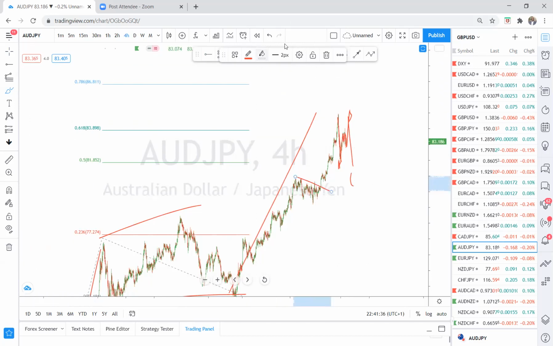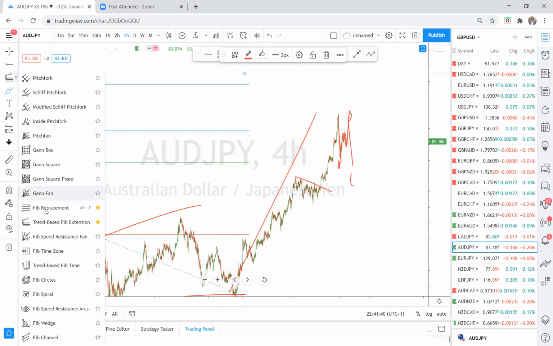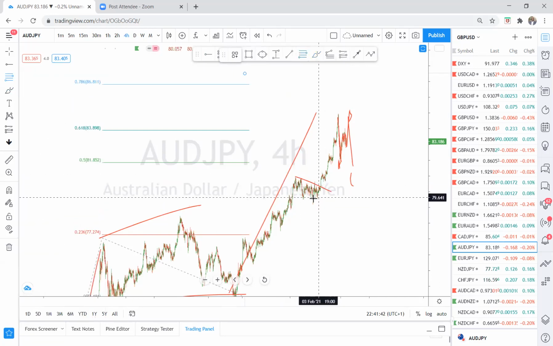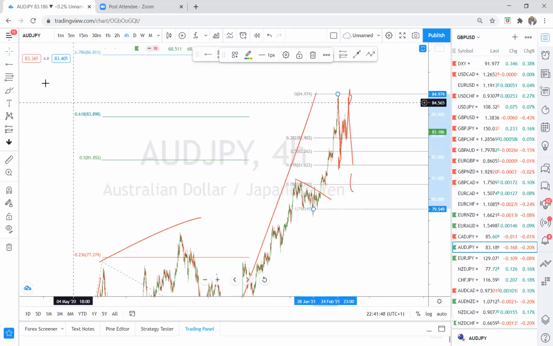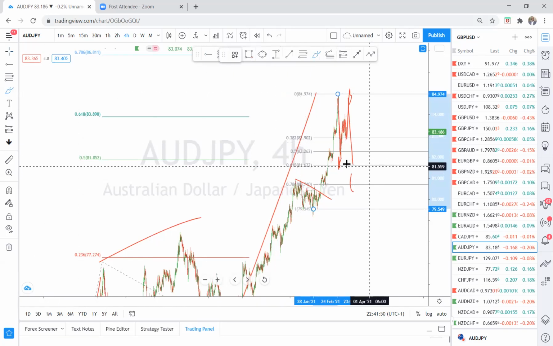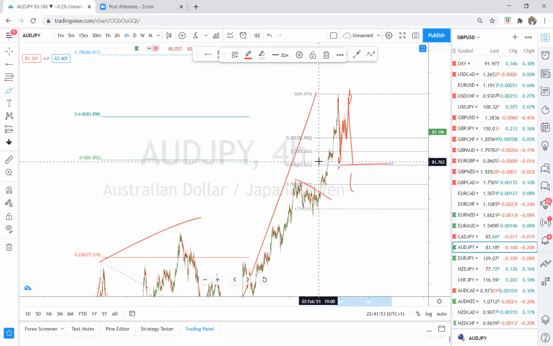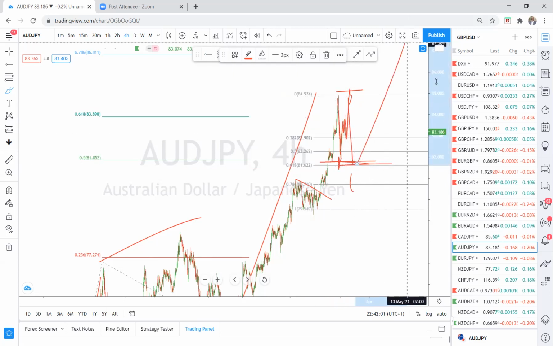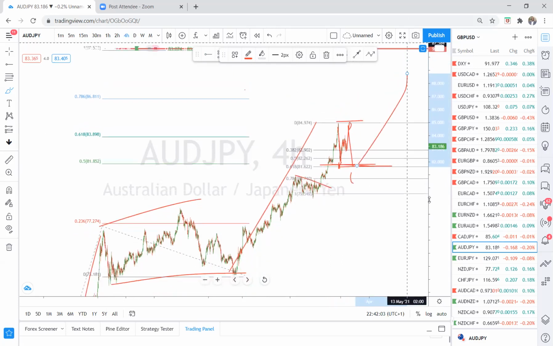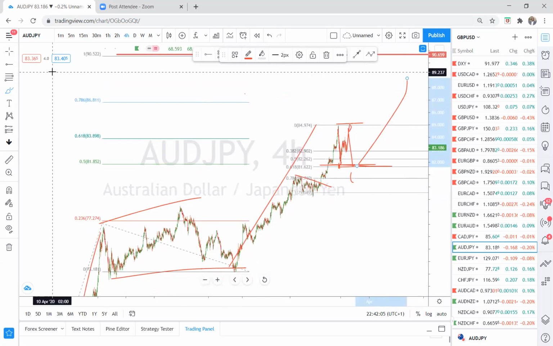So if you take a fib, guys, and fib this swing low to swing high, you will see that where I have just marked for you here corresponds to 61.8% retracement. And at this 61.8% retracement, if the structure that is formed here is a regular flat, then you know that upside is a possibility. All right, upside is a possibility.